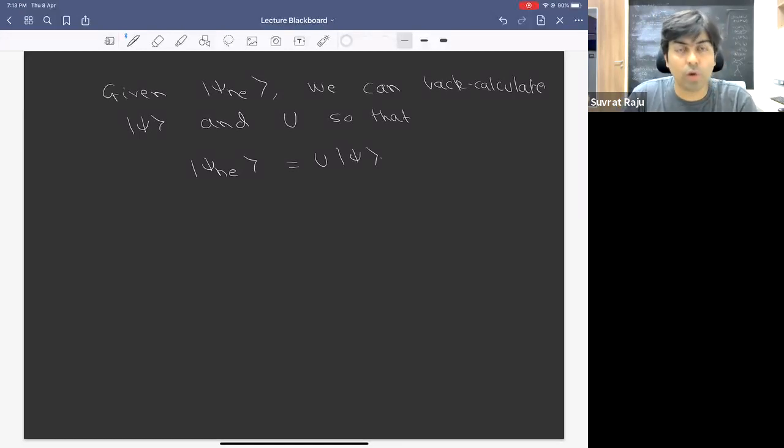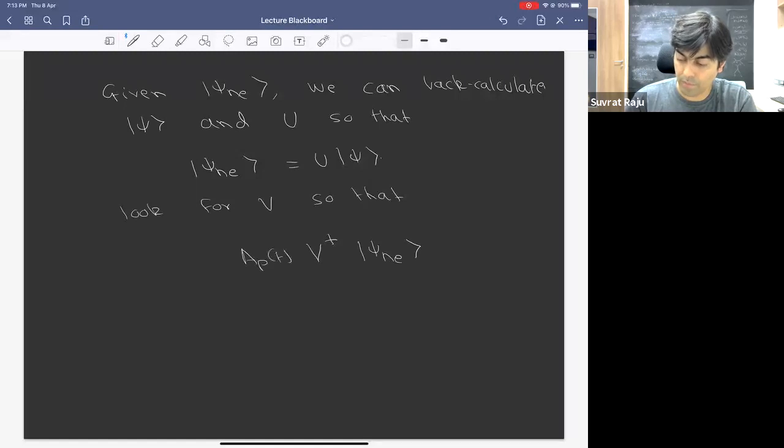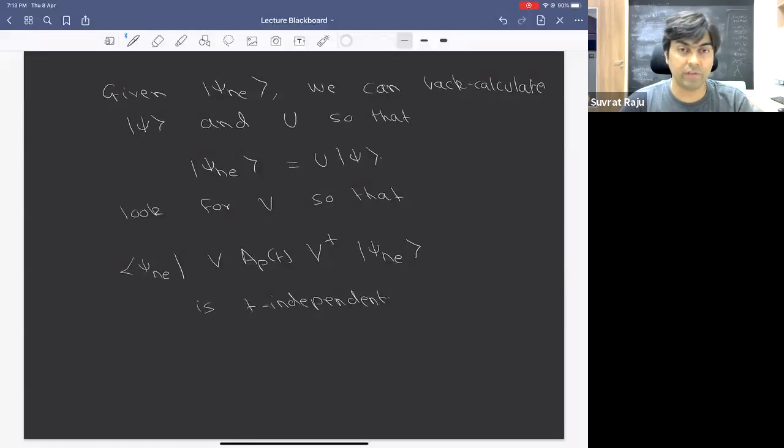Well, we just look for a unitary V, so that V dagger psi ne apt is t independent. So if you're given a state in which the correlators that you have are not time independent, then you can ask, what is the unitary operation I would have to do to the state in order to make the correlators time independent?